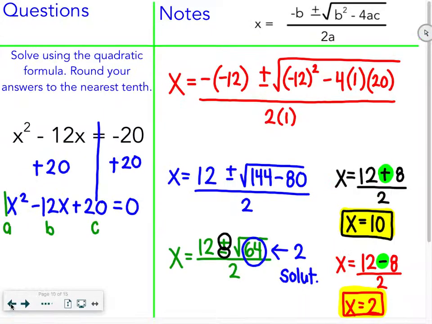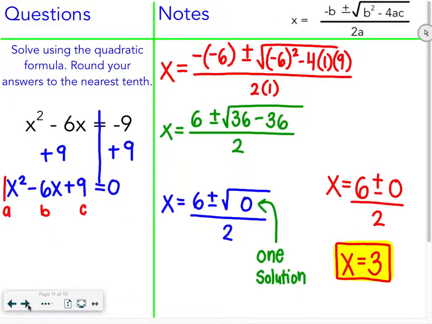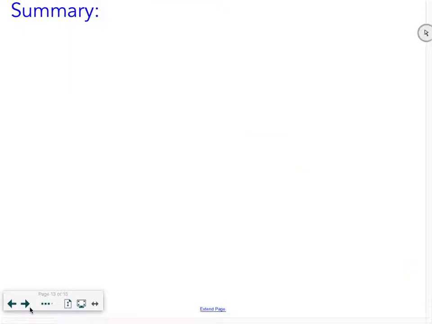Summary. Let's go back to our question here. So, how do you use the quadratic formula to solve a quadratic equation?